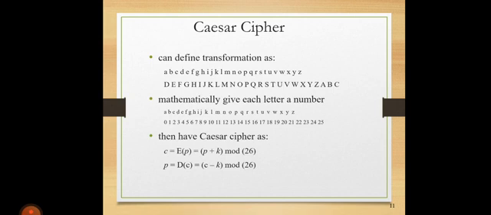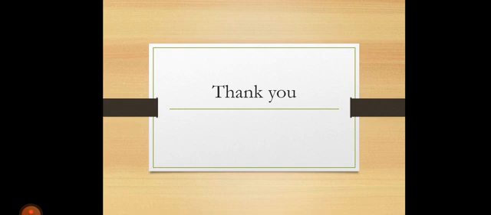So C = E(P), which implies plain text value plus K value mod 26, where 26 is the number of characters, and plain text P = D(C), which implies ciphertext value minus K value, that is key value, mod 26. Thank you all.